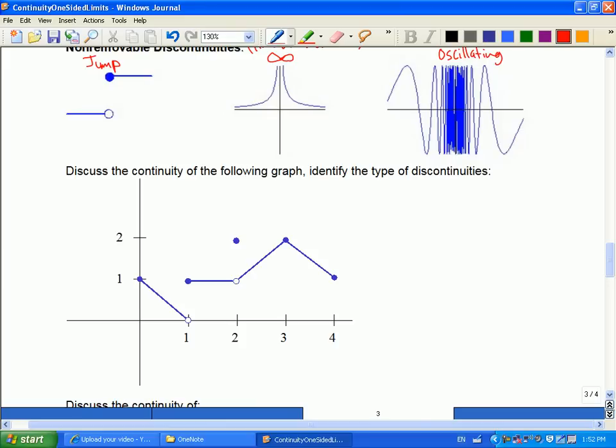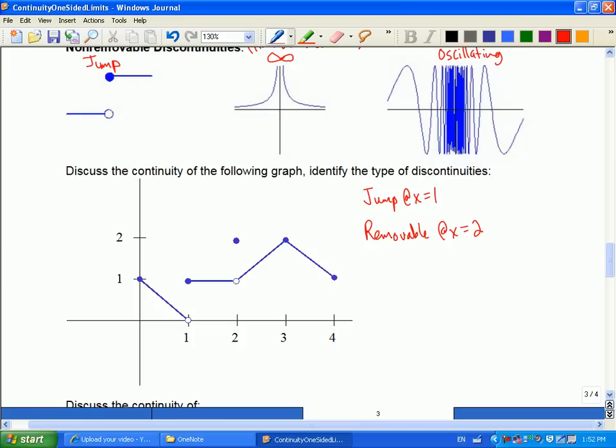Yeah. There's a jump where? Yep. The left side does not equal the right side. That's right. What else is discontinuous here? Yeah. Yep. Good.